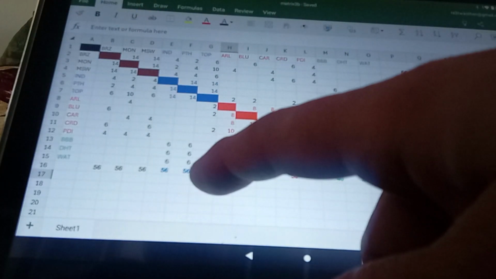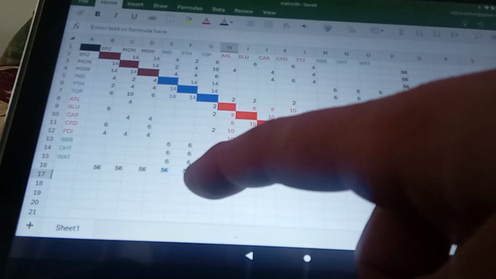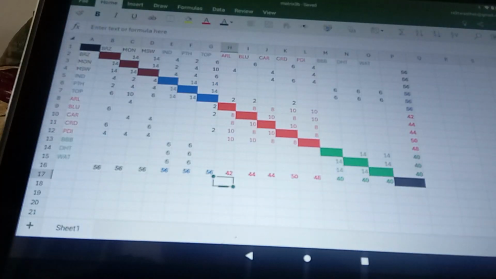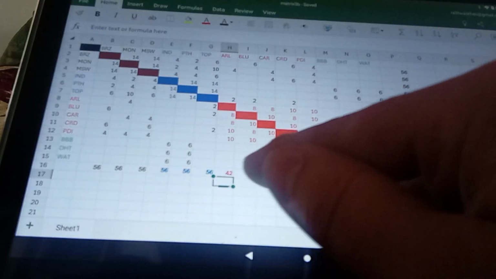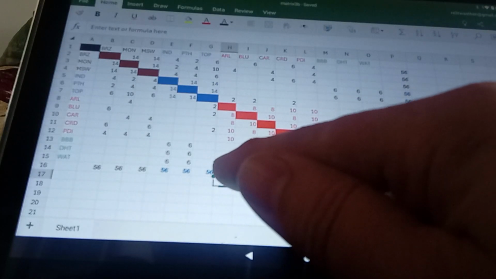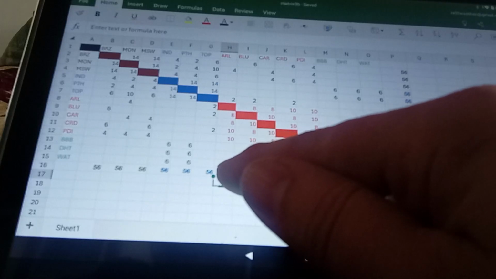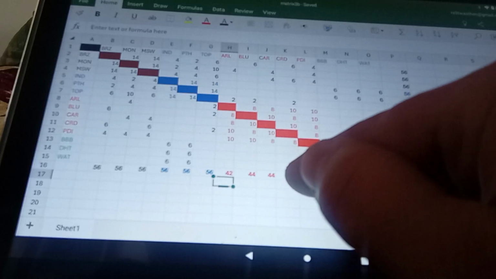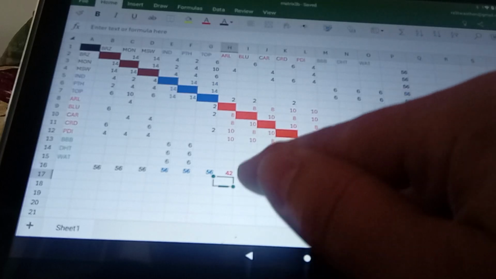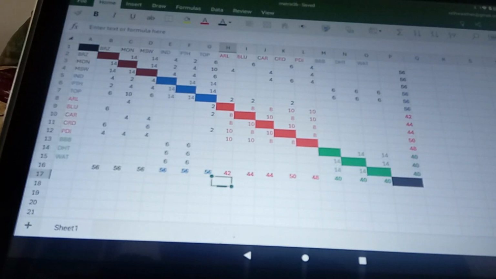Plus, we have the 56 games for the Midwest teams. Now we adjusted the game totals that we have for the Southeastern teams. Athens has 42 now. Columbus is getting close. They have 50, so we've got to be careful with them. 48 for PD, 44 each for Blue Ridge and Carolina. So we're a lot closer. We're getting there. We're a little more than halfway done.